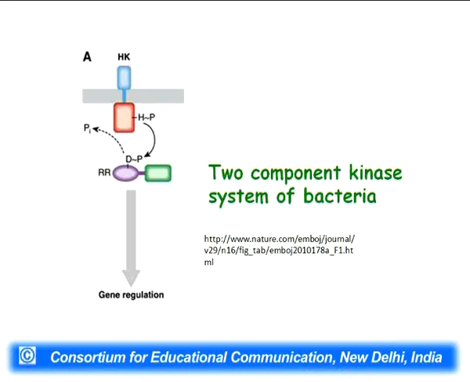You can think of this as a replacement of the MAP kinase systems which are present in higher animals and higher eukaryotes. Like MAP kinases which get activated by phosphorylation, this response regulator gets activated by phosphorylation and can turn on other genes.